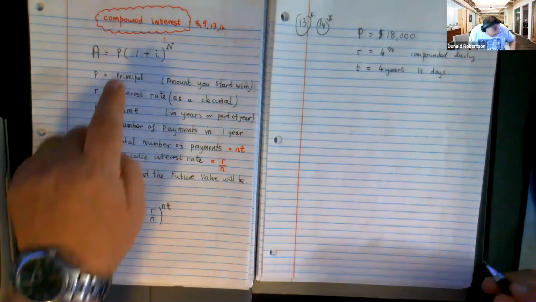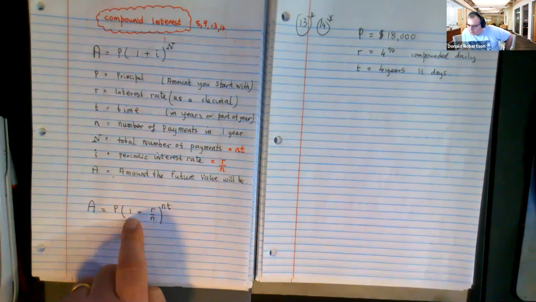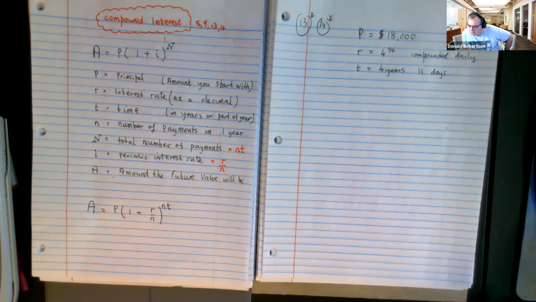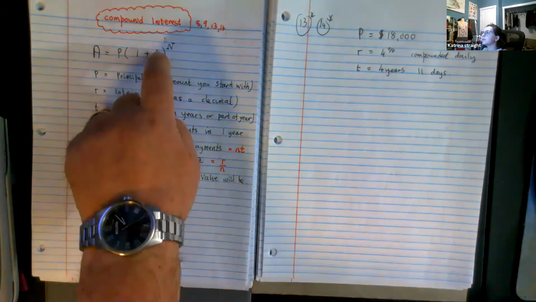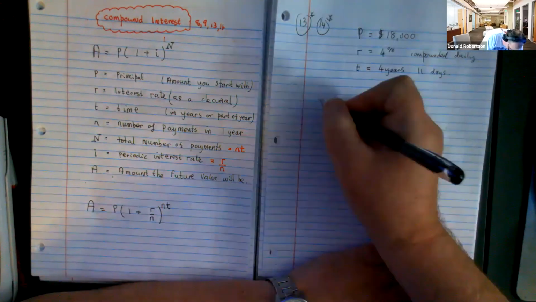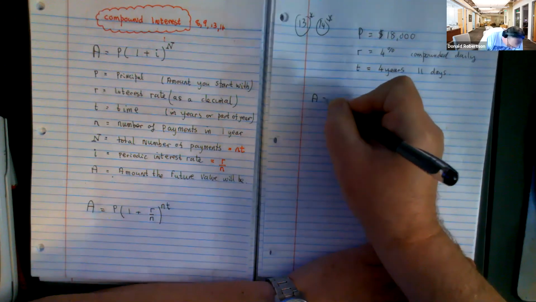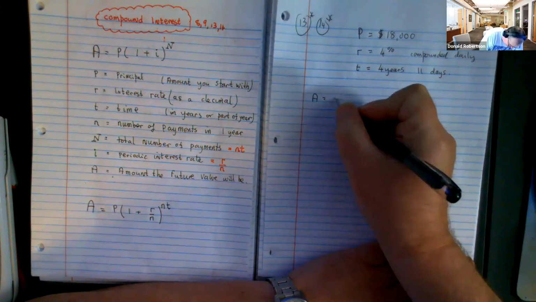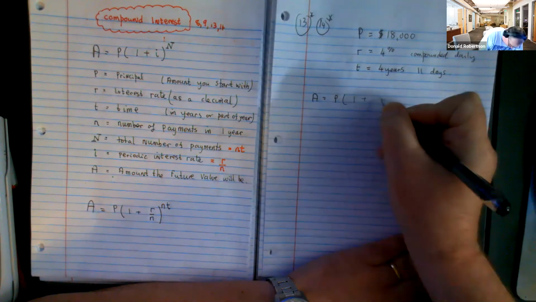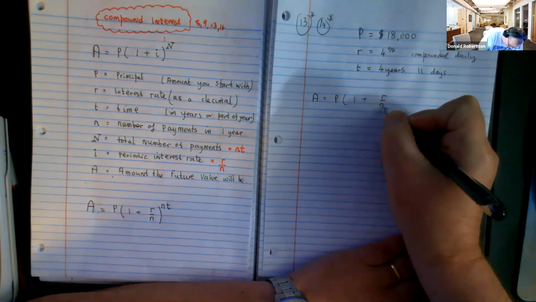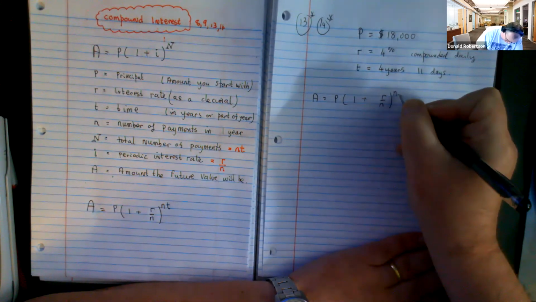Now, do you want me to use the top or the bottom formula this time? Bottom one? Bottom one again, okay. So A, the amount that it's going to be worth, is P times 1 plus the interest rate over little n, to the power of n times t.